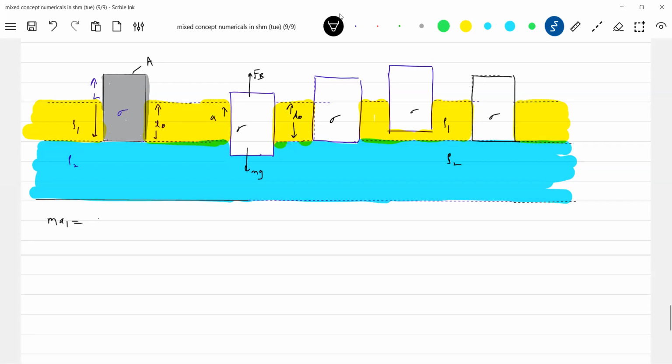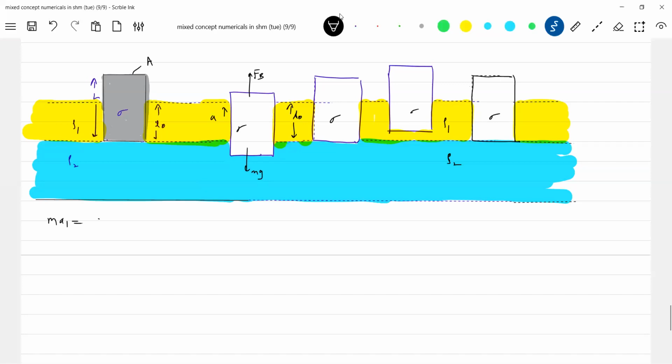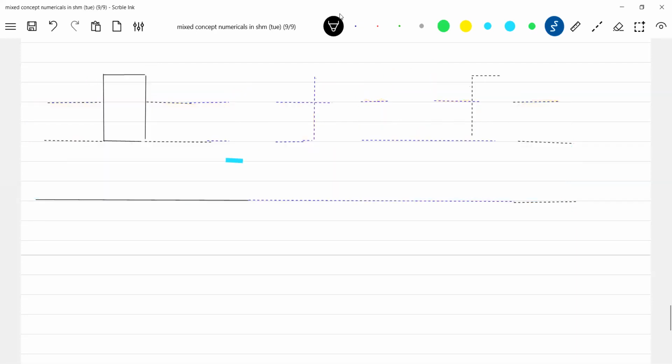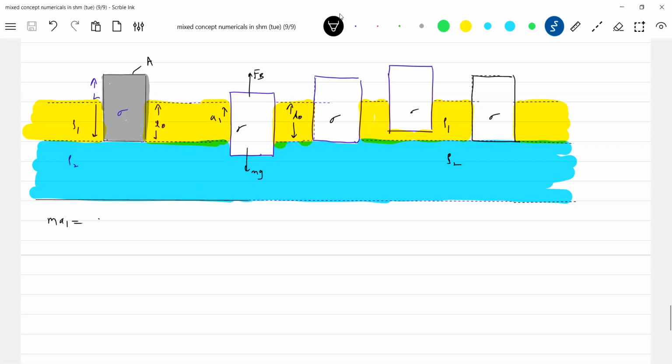m a1 is equal to FB1. What is the buoyant force? How do you write? How to begin this particular problem? So this acceleration, let me call a1. I can't show one oscillation, just some rough diagrams is what I'm presenting in front of you.